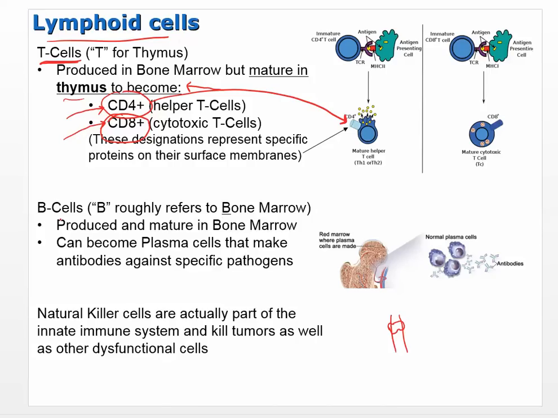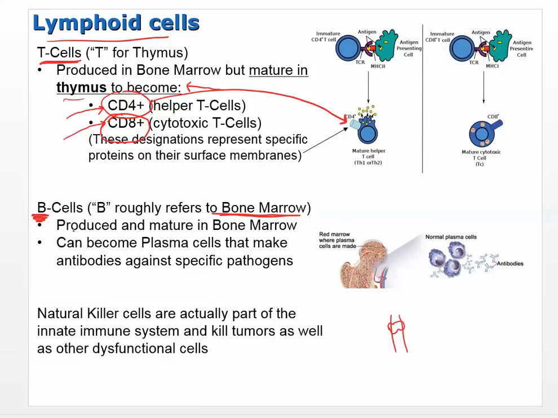B cells. Now B cells, we can be okay with the B meaning bone marrow. Okay, it's actually from a part of a bird called the Bursa fimbriae, that's where they initially found these, but they found out in humans that they are made, and they mature in the bone marrow. So B works for bone marrow, if that helps you remember it.